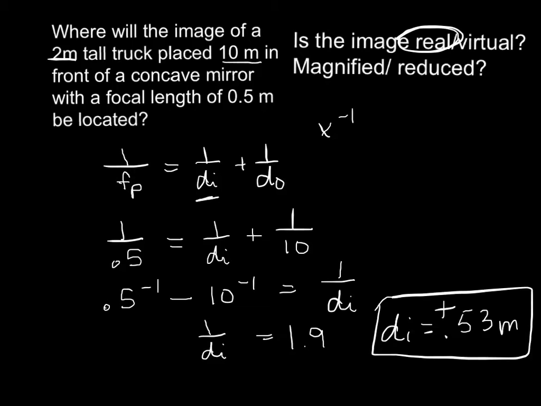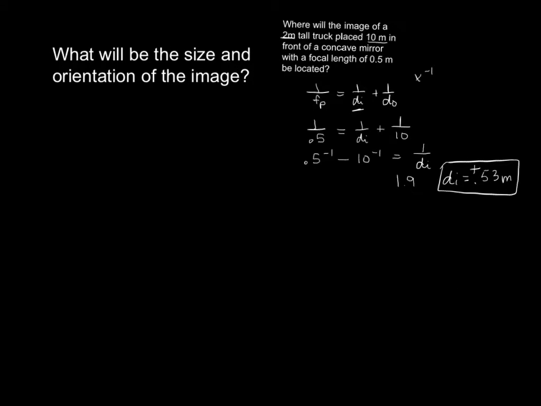Now then the question, magnified or reduced, that's a little bit trickier. To find out if it's magnified or reduced, we're going to use the magnification equation. The magnification is negative di over do.